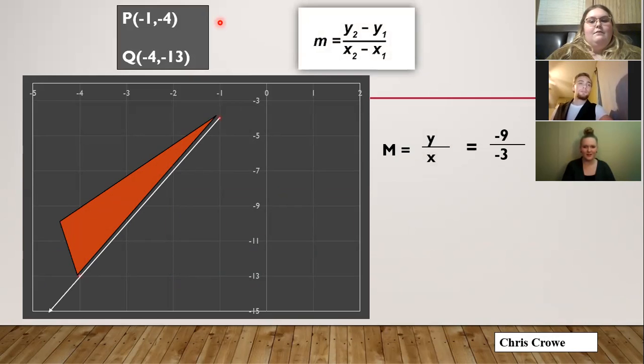And we're going to get -9 over -3, and that divided is going to equal 3. Because when you divide negatives, it becomes positive. So this line has a slope of 3.